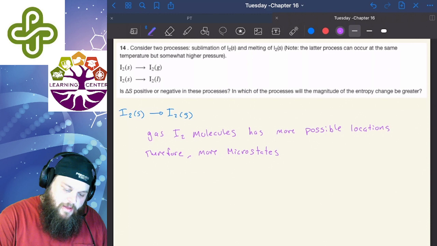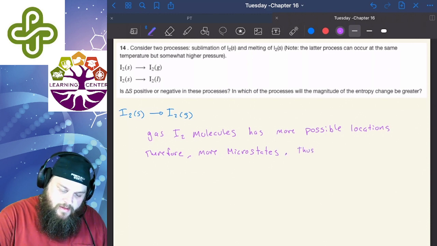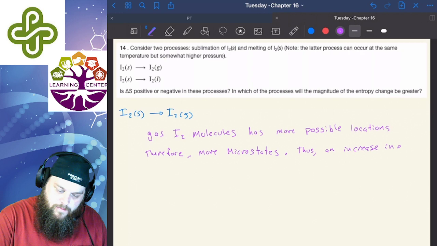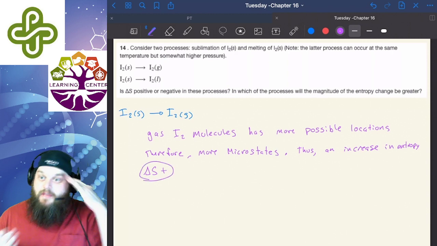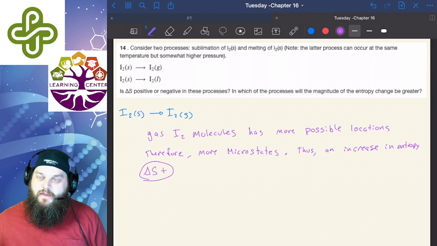If it has more microstates, that means an increase in entropy. Therefore, the delta S is going to be positive. We're going to have a positive delta S when we're going from a solid to a gaseous state.